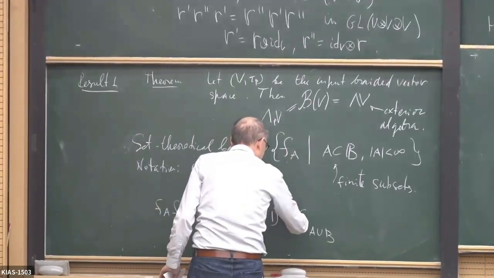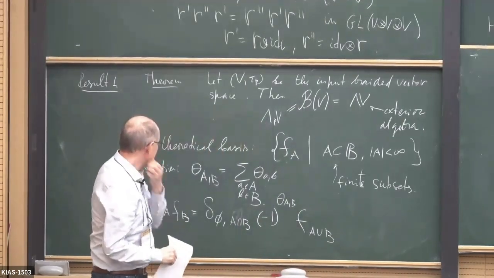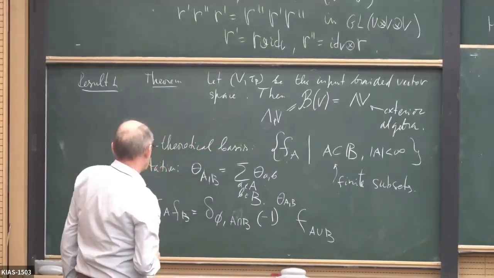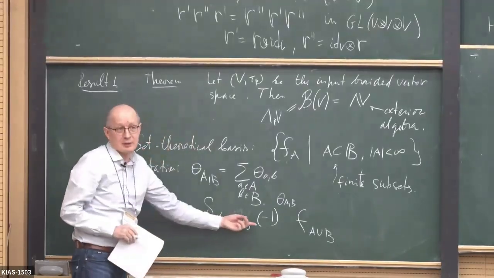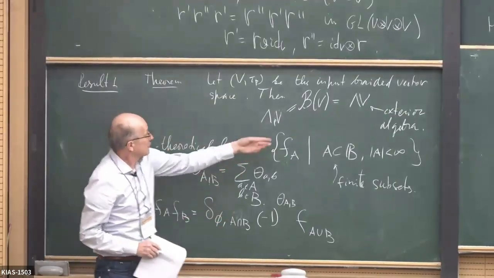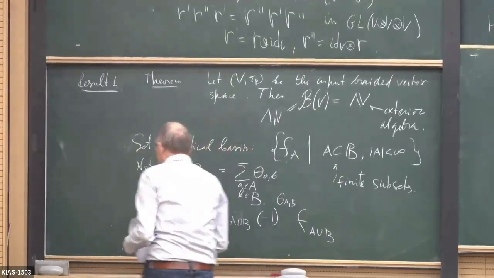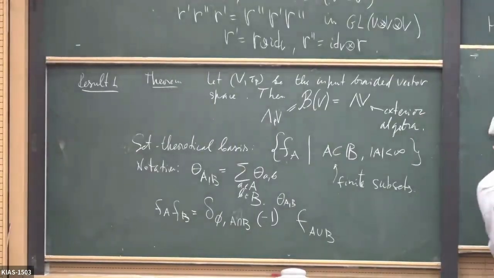The sign is just the parity of theta(A,B). So this is a product. There is nothing new. This is just writing the product in the exterior algebra through this basis. What is more interesting is the coproduct, which is P dependent, but it happens that it doesn't differ much from this product formula.